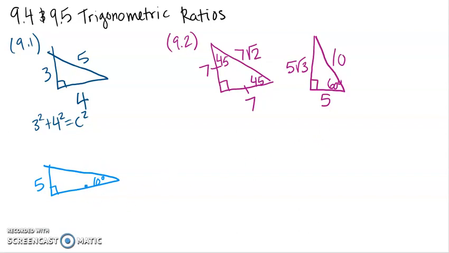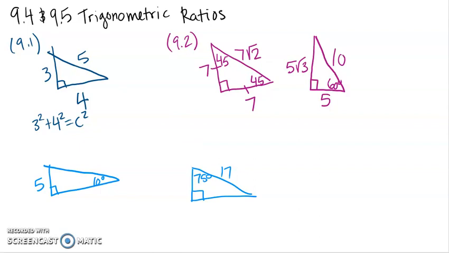If this were one of the special ones, like a 45, 30, or 60, we would know what to do. But if it's not, so far we don't know what to do. Or if you had a different one where this is 75 degrees and this is 17. These are the kinds of problems we'll get to do today, and you're going to be using trig ratios to solve for the missing sides.